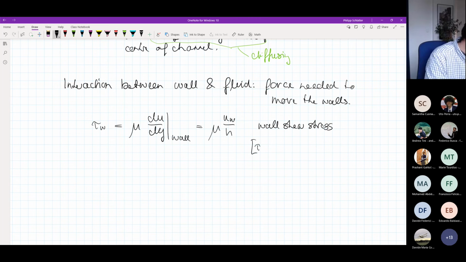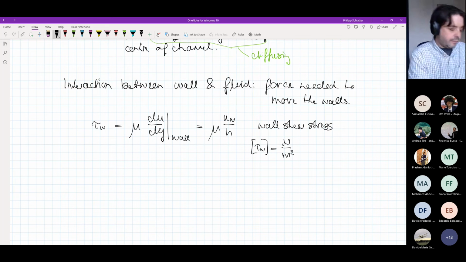And well, if we now look at the units of this whole thing, it really has the unit of a stress, which means it's a force measured in Newton divided by an area. So Newton divided by meter squared, and of course that's the same unit as Pascal, although Pascal is mainly used for pressure.